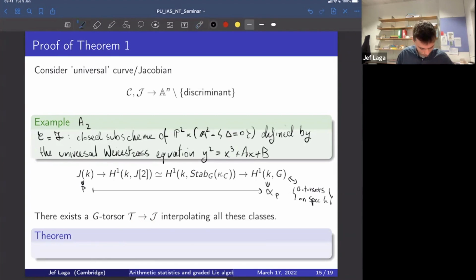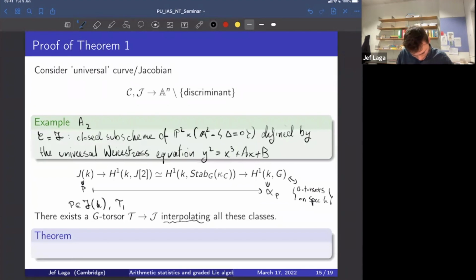So what do I mean by interpolate here? It means that if I take an element of this curly J, a K point, this will give rise to a K point on some Jacobian.